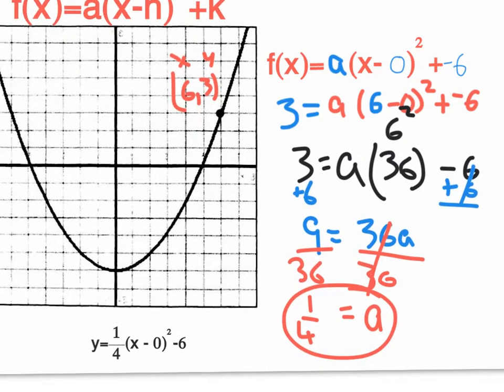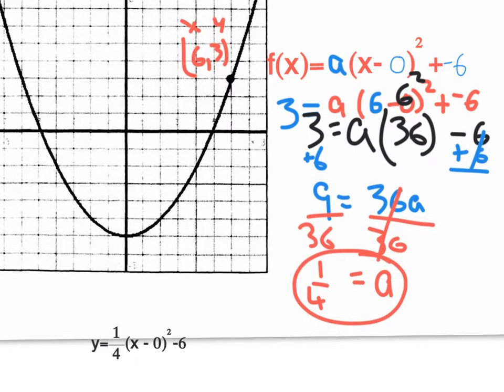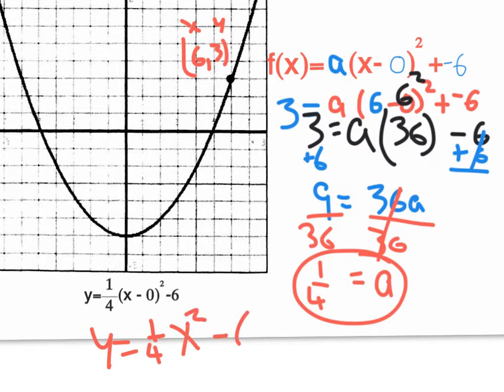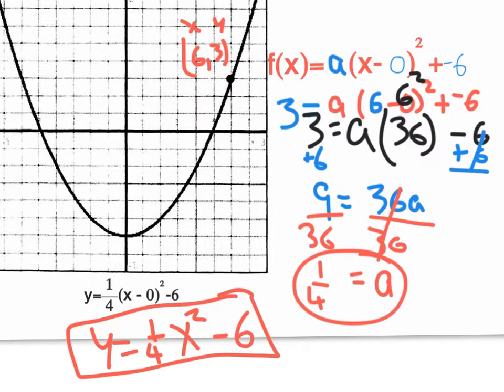Now the thing is, you don't really need the parentheses around the x minus 0. So if there is no h, you could rewrite it as your final answer, y equals 1/4 x squared minus 6. That would be your best equation that would describe this wider than normal parabola above.